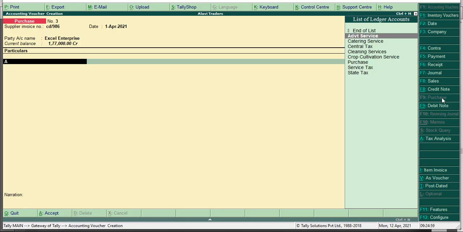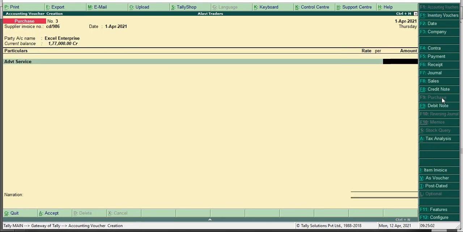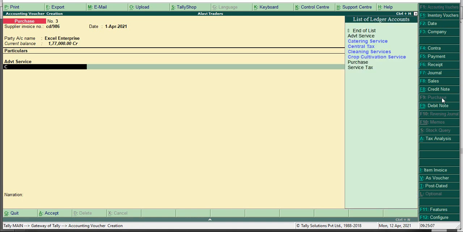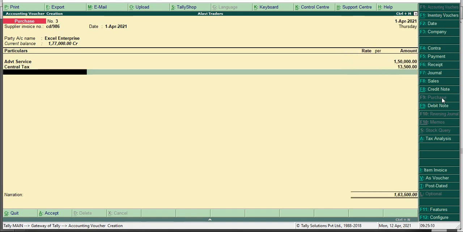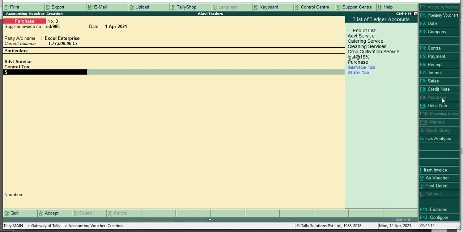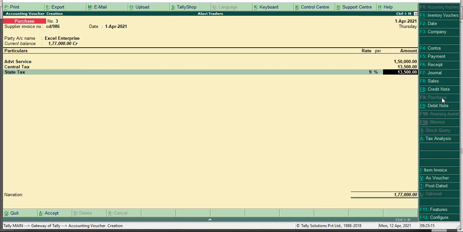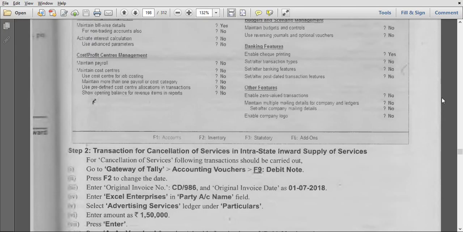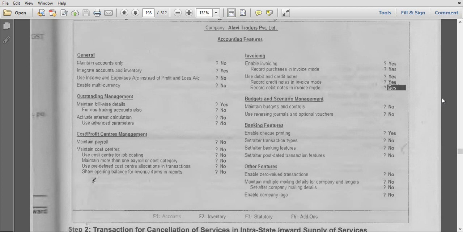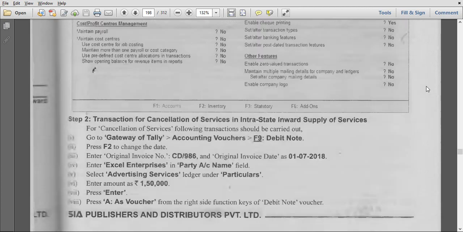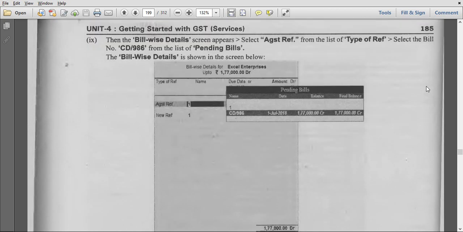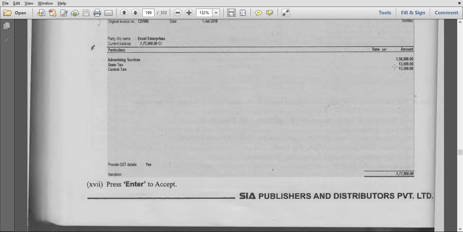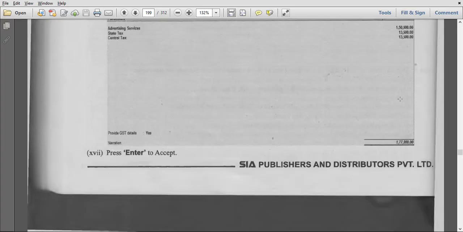Advertising services, 1,50,000, and here we have CGST and state tax both. So 18% in total means we'll have both the transactions here. So 13,500 will be the amount.